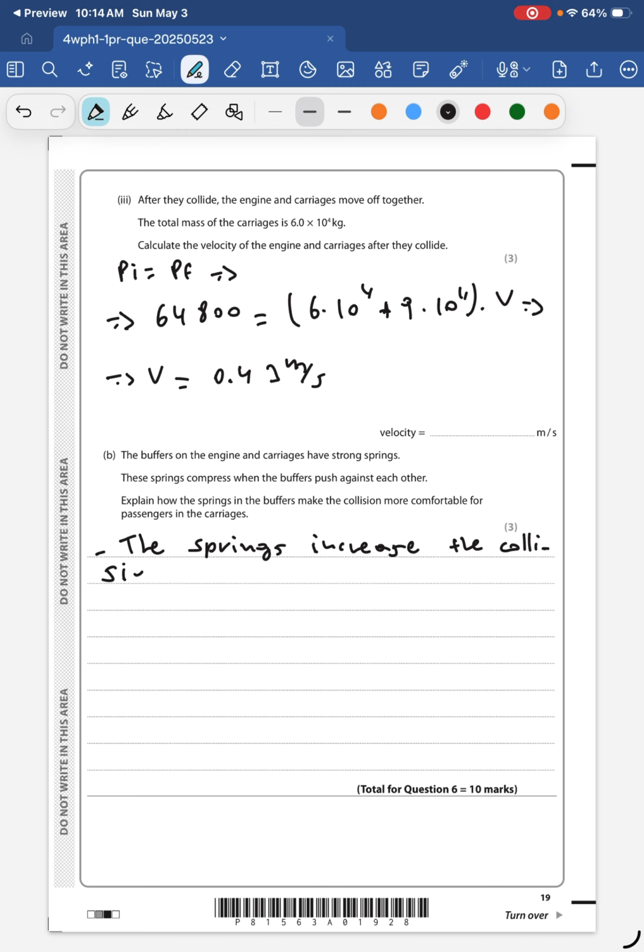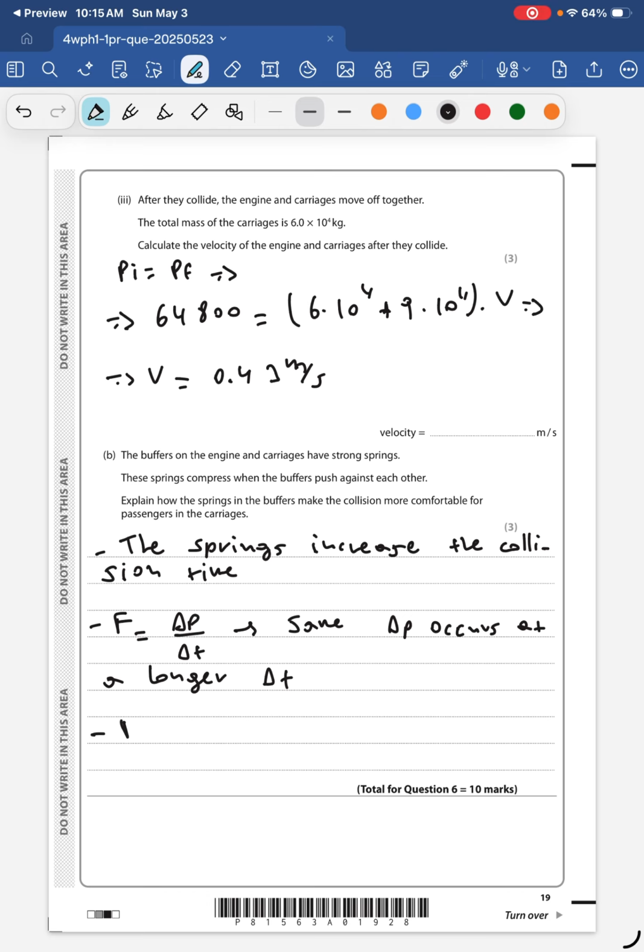The collision time, okay. Force is the change in momentum with respect to time, right? So we have the same delta P occurring over a longer delta T, pretty much.